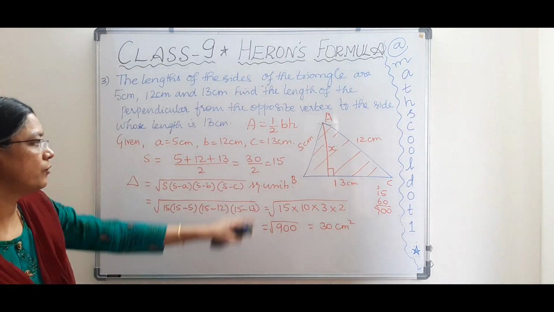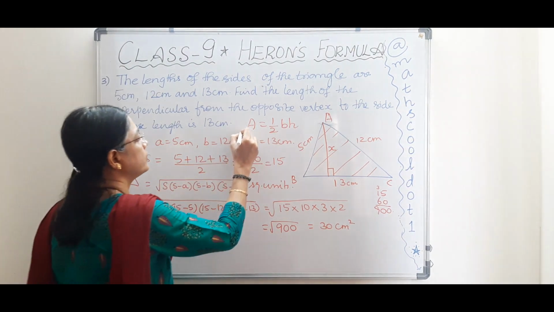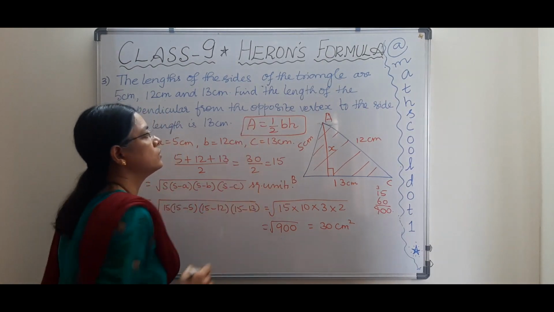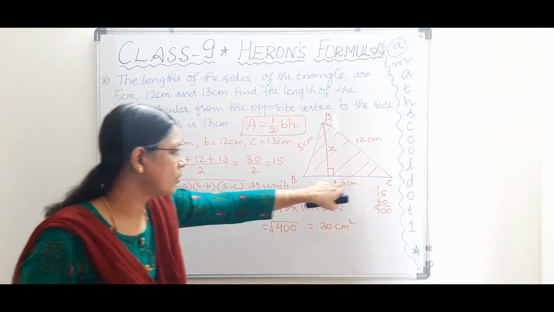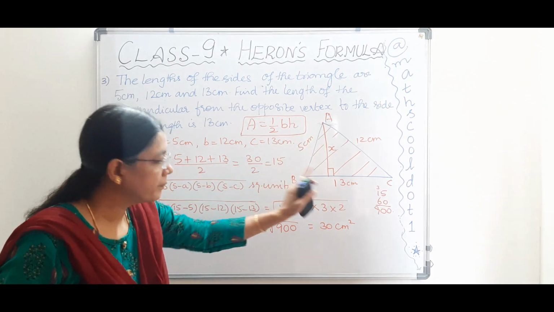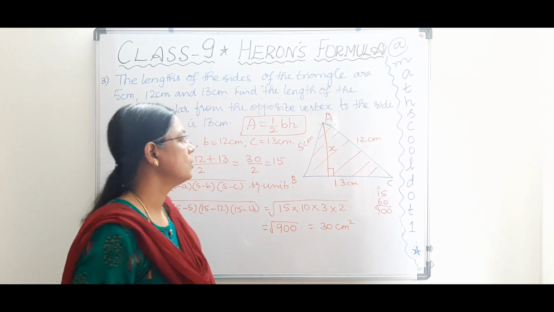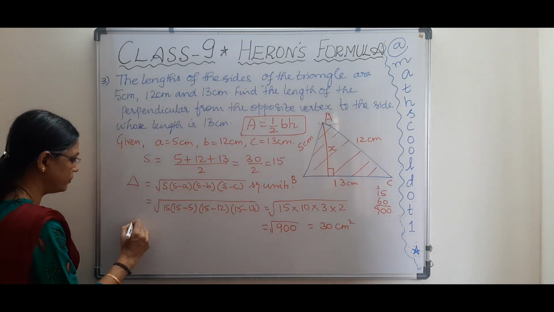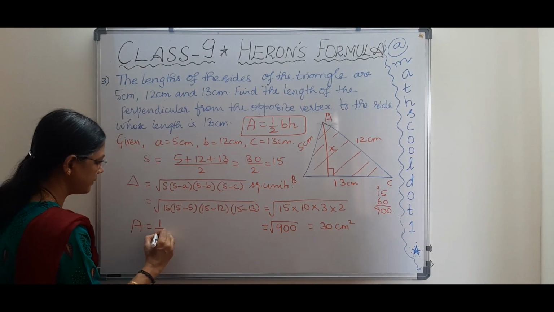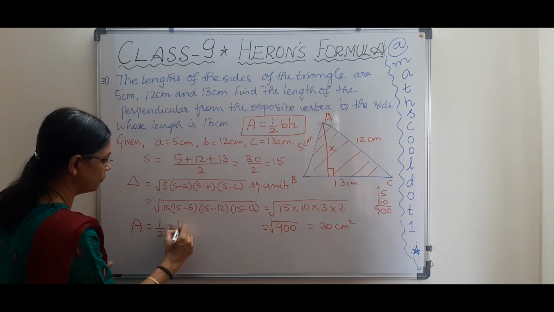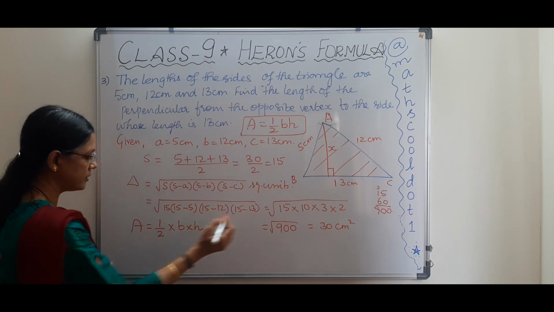So area of the triangle can also be found out by the formula A is equal to half into base into height, isn't it? So area is equal to half into base, 13, and the perpendicular drawn to the base is called the height, isn't it? So we can also find the area of the triangle by substituting in the formula half into base into height. Now what is the area?